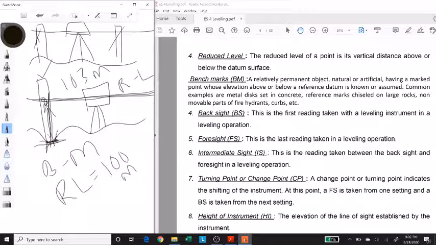That means the line of sight or imaginary line is 3 meters above this benchmark. Had my line of sight been at the same level as the benchmark, then the leveling staff would give you a value of 0 and my height of instrument would be 100, the same as the benchmark. But if it is above or lower than the benchmark, then it would have a different reading, and this reduced level of my imaginary line of sight is called the height of the instrument.